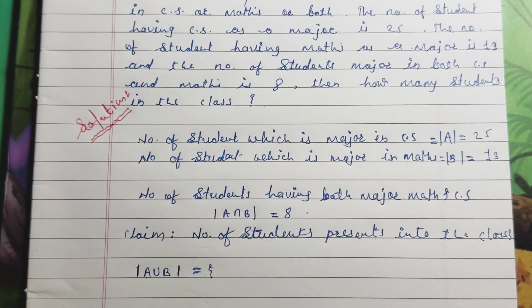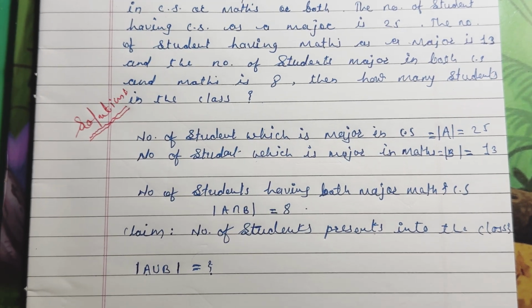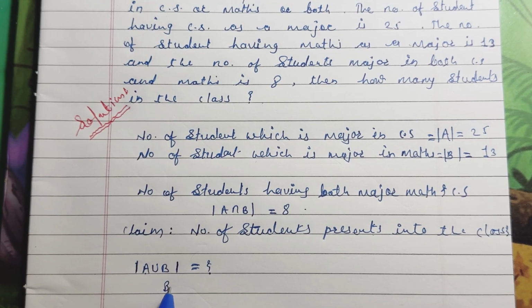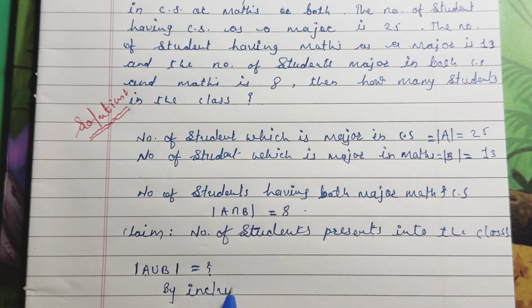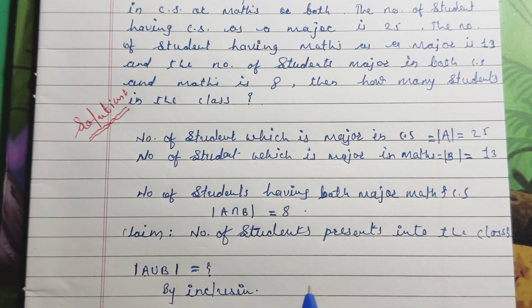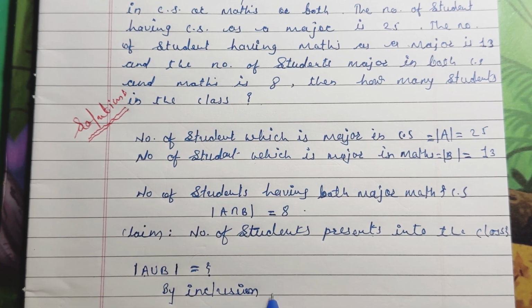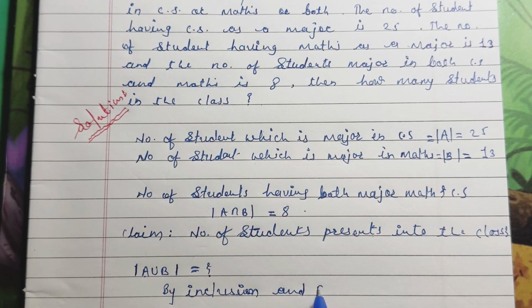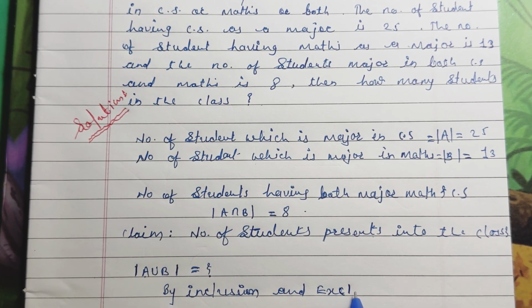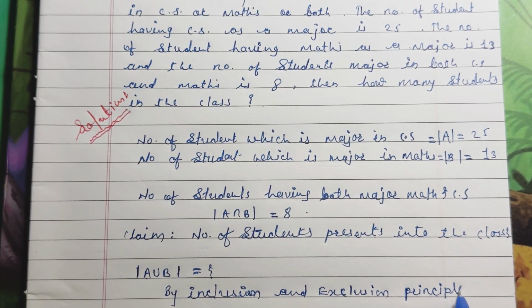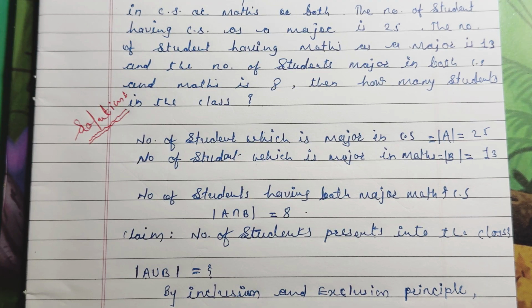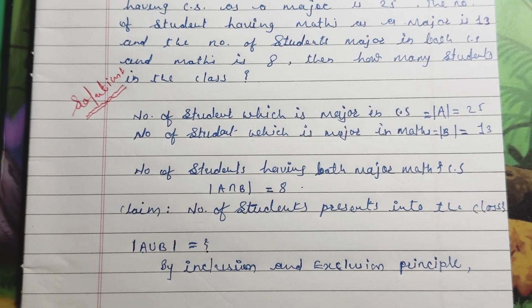So for finding the cardinality of A union B, we know that by the inclusion and exclusion principle, we get the total number of students in the class.